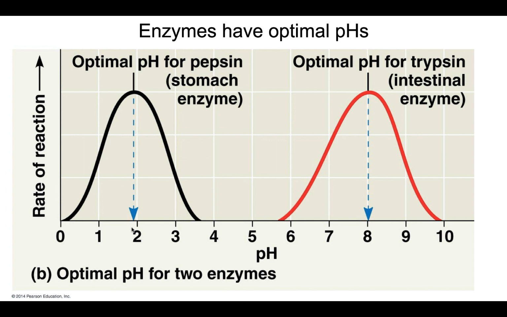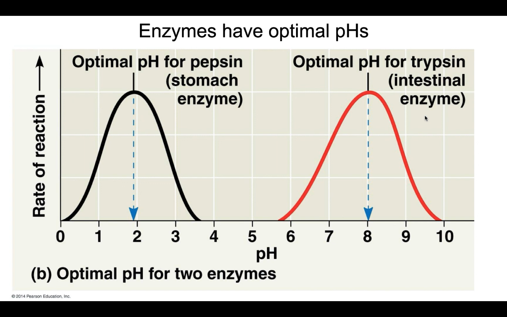But notice at these low pHs, our trypsin hasn't even become active yet. It's not until around pH 6 where it starts to become active, and it reaches a peak activity right around pH 8. No coincidence, that's about the pH of the intestines. So, enzymes have evolved to be active and structurally sound at specific temperatures and optimal pHs.